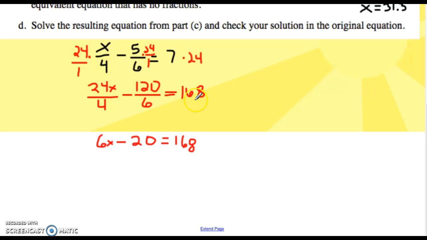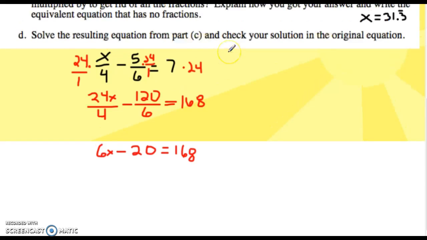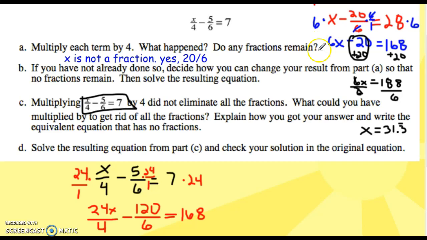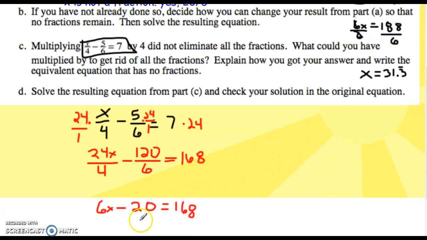Okay, so then it said to solve the resulting equation from part C, and that's the same answer we got here, so we've already solved that equation. But this is an easier way instead of multiplying by each separately.